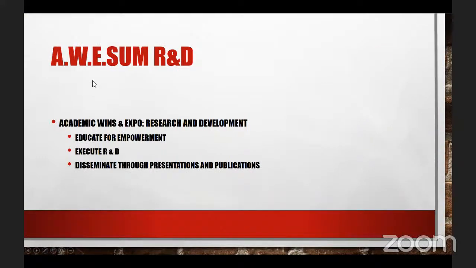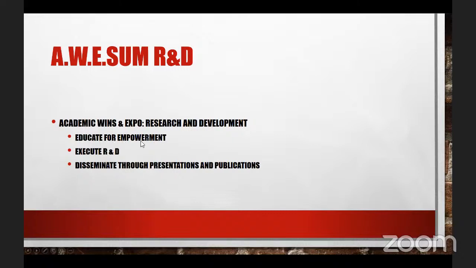So last year, about this time, I started a research lab called Awesome. And we'll be training both third year and fourth year students for research and development. It's really focused on the fourth year students doing major projects, but it can include the third year students.